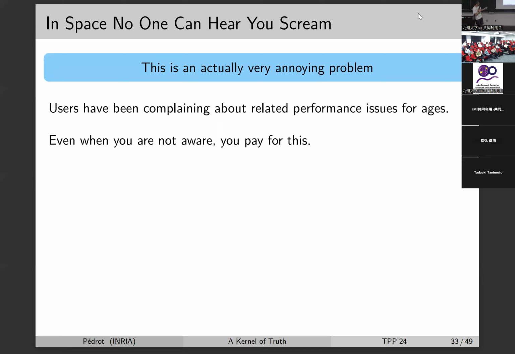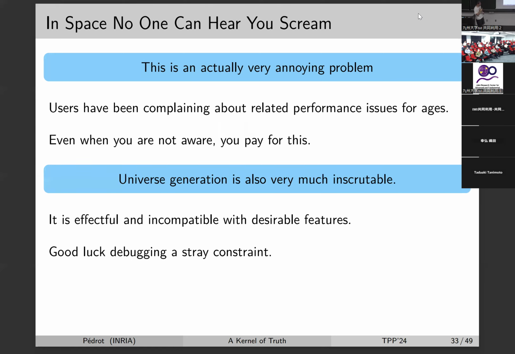And the worst part is that, even if you're not aware, every time you write Type in Coq, even when you don't write Type because you just write "for all a," there is a type level that is generated, so you're going to pay for it in the end. And it's even worse when you use tactics, because under the hood they generate a lot of universes and universe conversion problems. So everybody's paying for that, when in practice you could only use 3 universes.